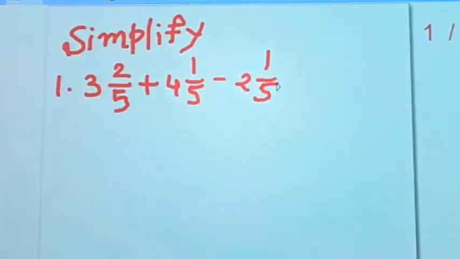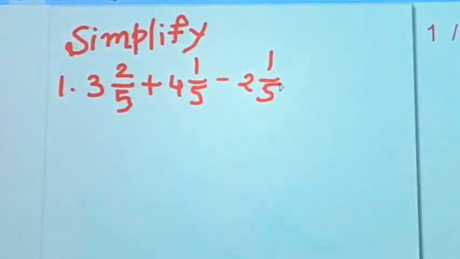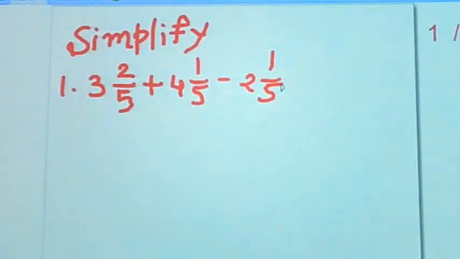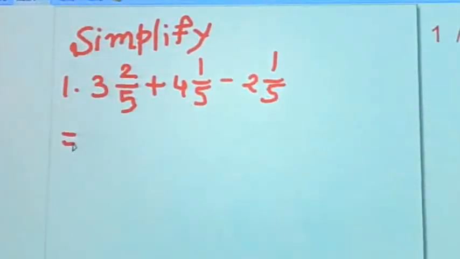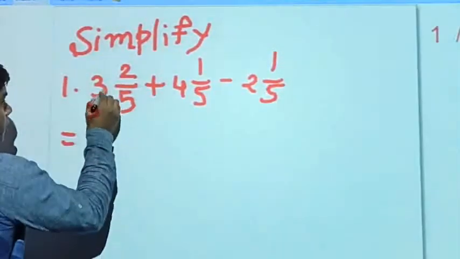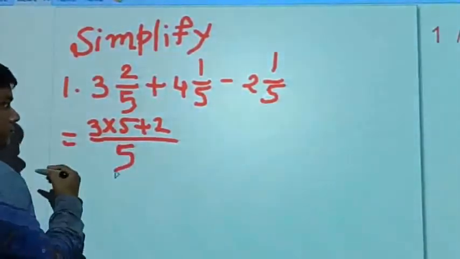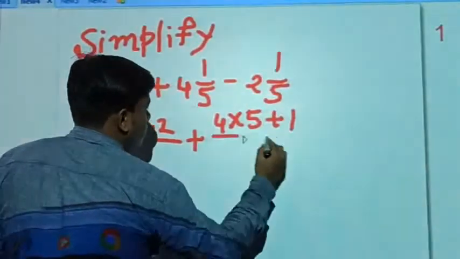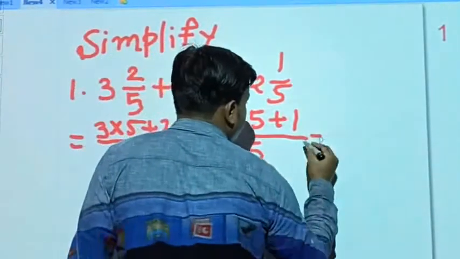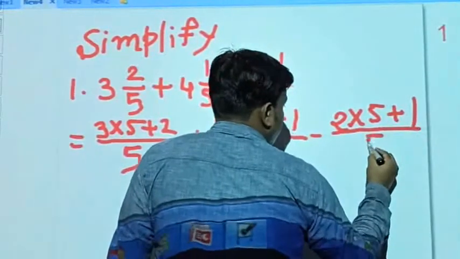Simplify 3 2/5 plus 4 1/5 minus 2 1/5. This type of fractions are called mixed fractions. In this type of problem, first we have to convert the mixed fractions into improper fractions. So (3 into 5 plus 2)/5 plus (4 into 5 plus 1)/5 minus (2 into 5 plus 1)/5.